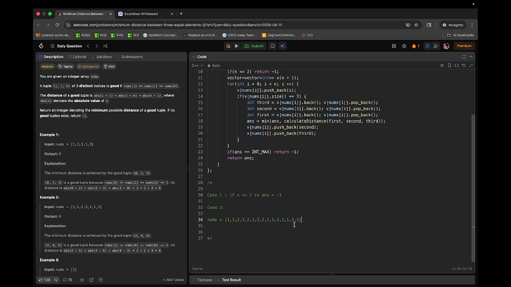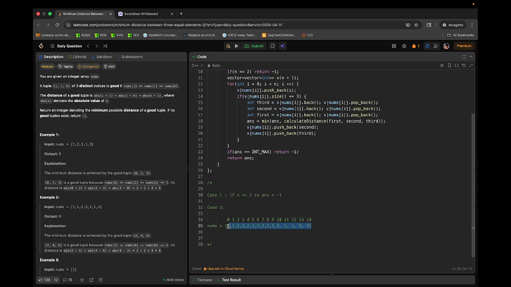So what we can do is try to find all the indices of a particular number. Let's label them 0, 1, 2, 3, 4, 5, 6, 7, 8, 9, 10, 11, 12, 13, 14.